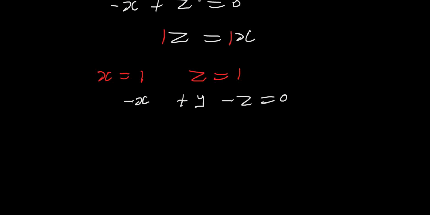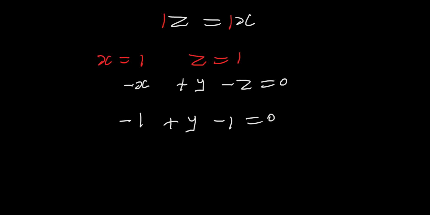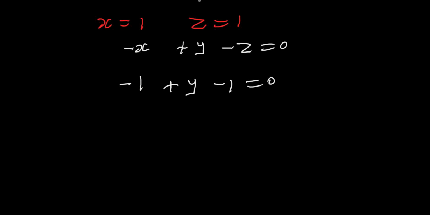You can see that x is 1 and z is 1. So this will become negative 1 plus y, negative 1 equals 0. Negative 1 plus negative 1 gives us negative 2. So this will become y minus 2 equals 0.